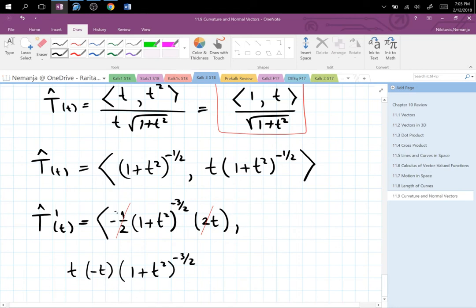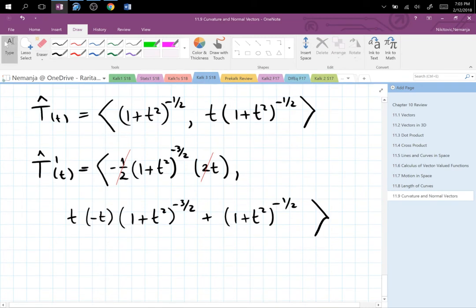So I have a negative to steal, and t and the whole parenthesis. So that's that. Plus, copy the second one and the derivative of the first one, so that's just 1 plus t squared to the negative 1/2. And all I need to do is to clean this up.